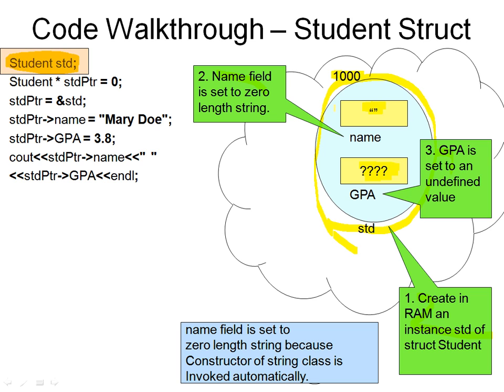The reason the name field is set to a zero length string is because when the object is created through a hidden default constructor, the constructor of the string class is invoked automatically, which sets the name field, which is string type, to a zero length string. That's the state of my object when this statement is executed.